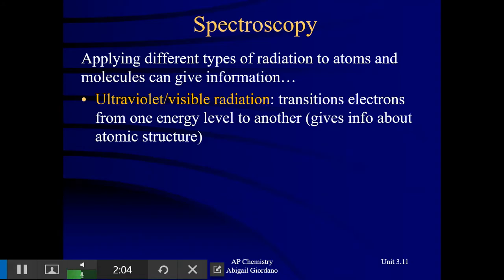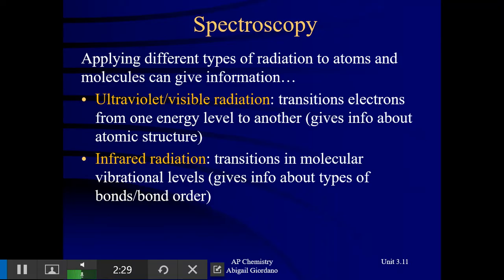Electrons go into excited state by absorbing these types of radiation. So ultraviolet and visible radiation can give us information about an atom's atomic structure, and more specifically about electron energy levels.